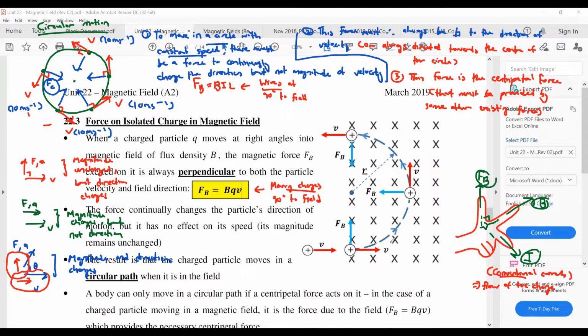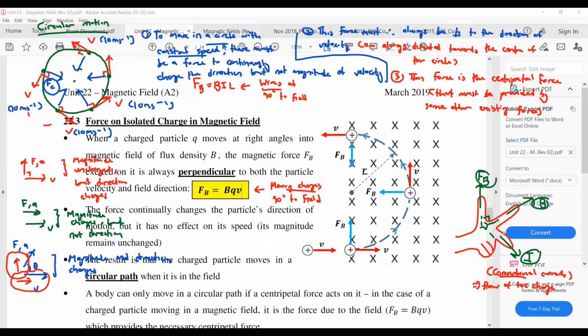So like here, you will see that when you are using Fleming's left hand rule, no matter how you change the direction of your current, the FB will always be perpendicular to your I. In other words, your direction of motion of your charge will always be perpendicular to your magnetic force.